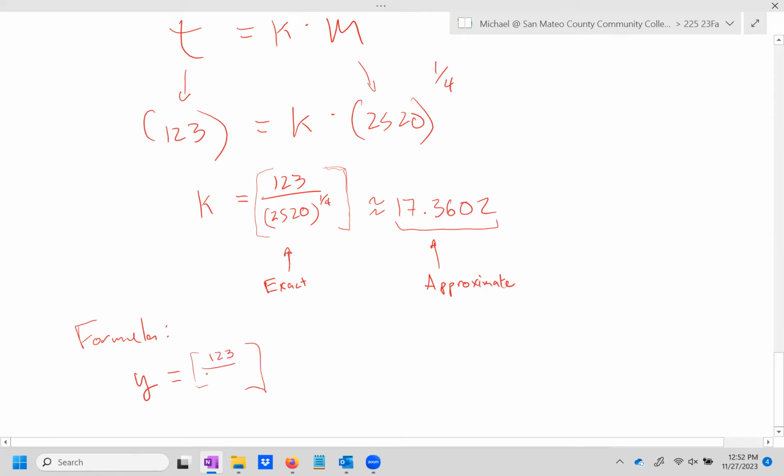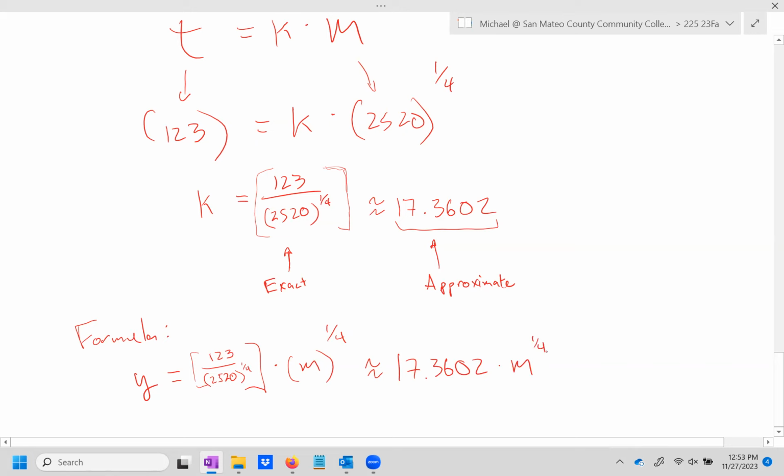123 divided by 2520 to the 1/4 power times the mass raised to the 1/4 power. This is approximately equal to 17.3602 times mass to the 1/4 power.